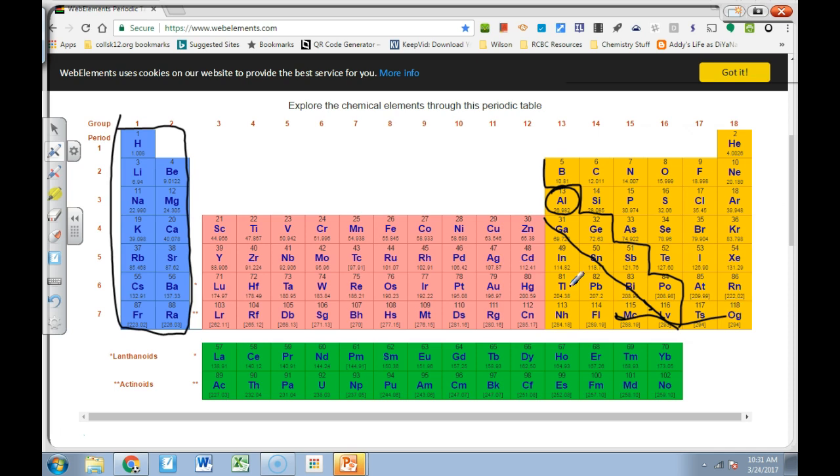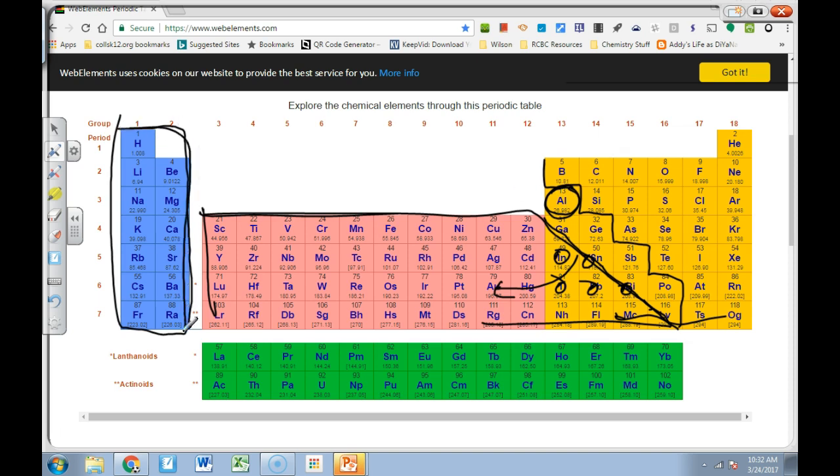But for the purposes of naming ionic compounds, we're going to call all of these guys transition metals, including tin and bismuth, lead, thallium, indium, all of those things. The main group metals are going to stick with aluminum and all of these guys over here. Not hydrogen. Hydrogen is special in so many ways.